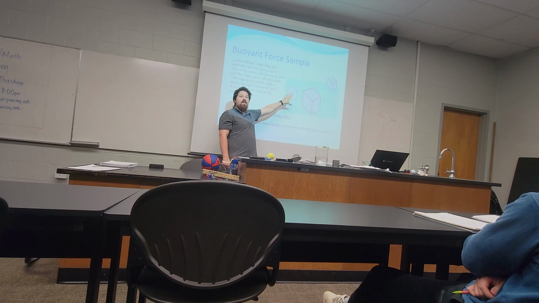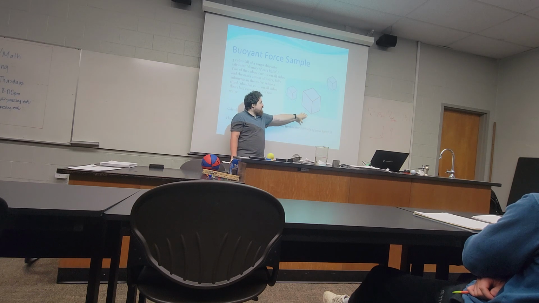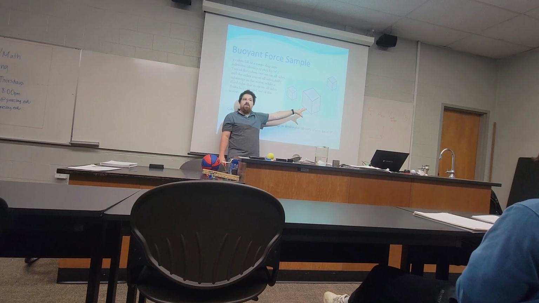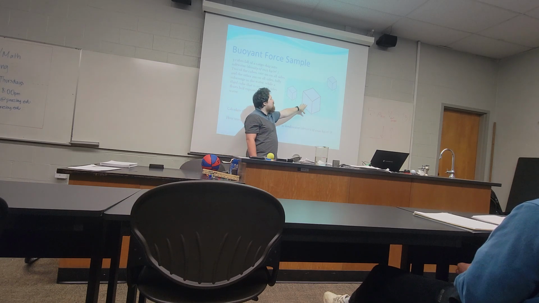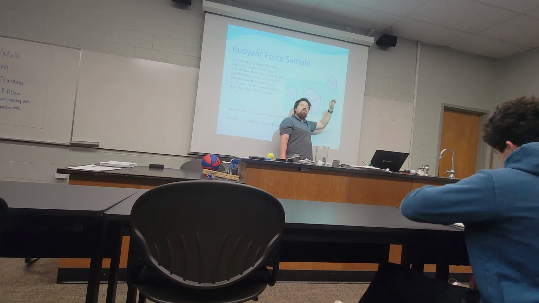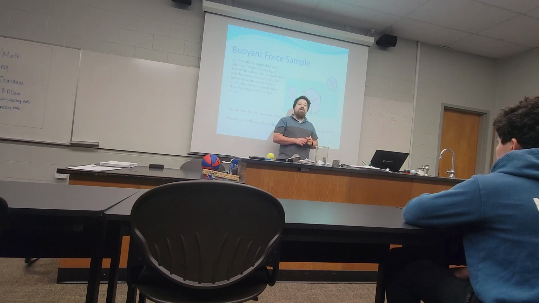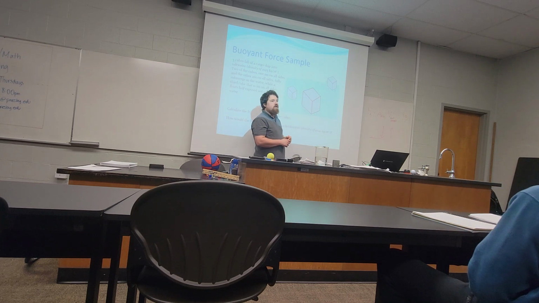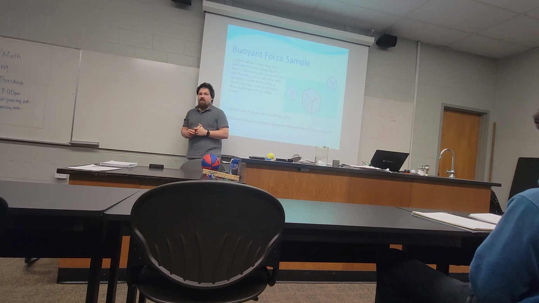It is in the water, it has sunk. The second cube is 2 meters by 2 meters by 2 meters. It has also sunk. The third cube is 1 by 1 by 1 again, but it is currently floating. Half of it is sticking out of the water. And we're going to find the buoyant force on all 3 of these things.